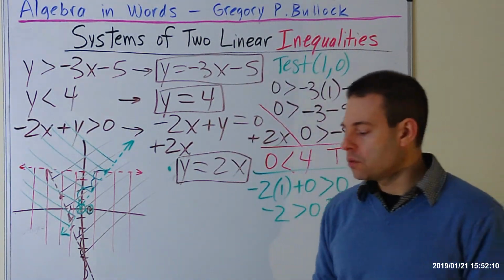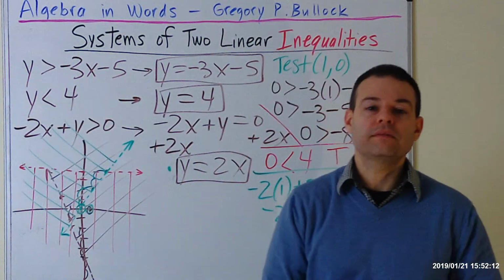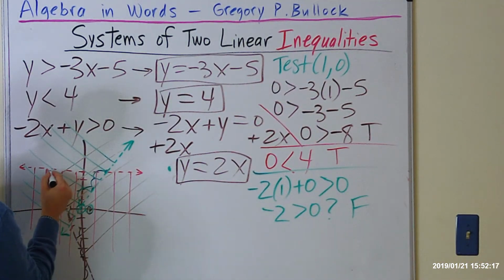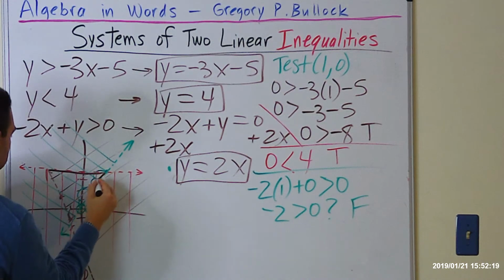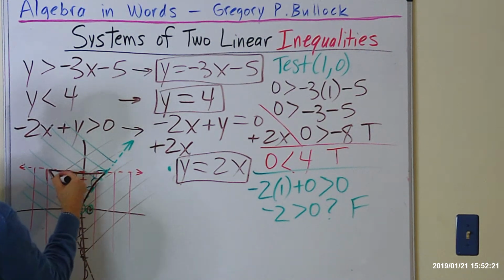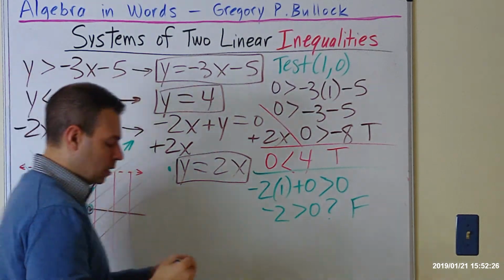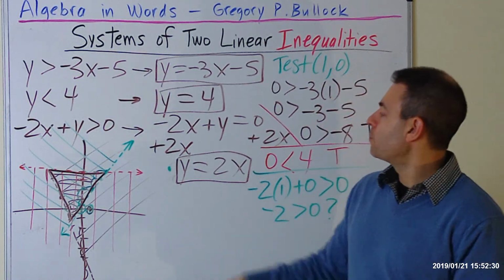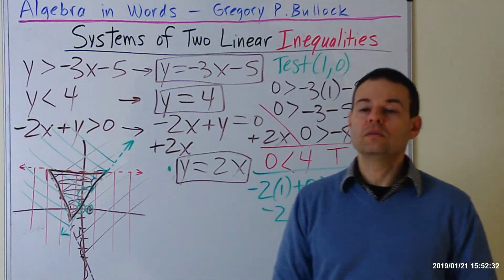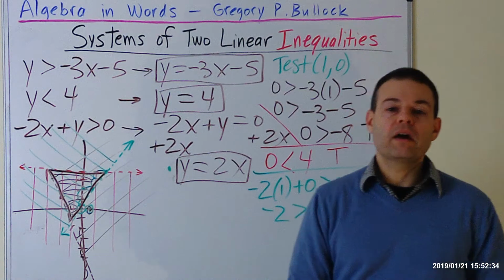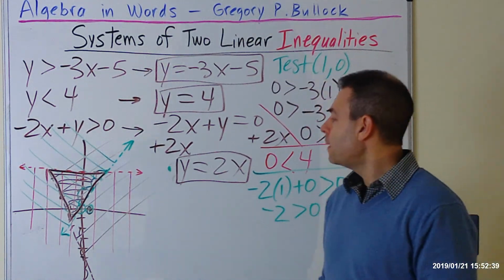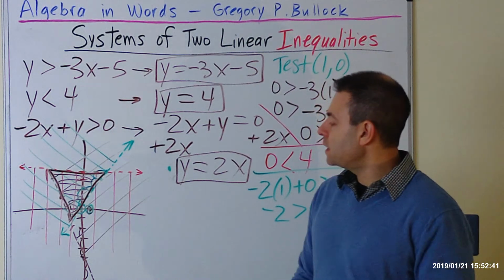And if you want to use a marker to just kind of highlight that, it might look like this. Make sure that you still accentuate the fact that all 3 of these are non-inclusive, so they all have dotted lines, so make sure that your teacher can see that on your paper. Make sure that you know that. And basically that's it.